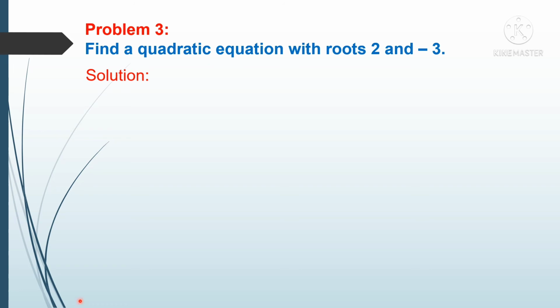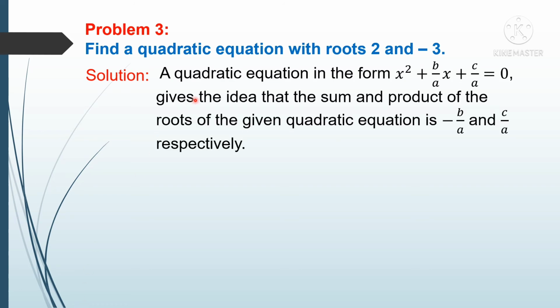So we have to remember that a quadratic equation in the form x squared plus b over a of x plus c over a equals 0 gives the idea that the sum and product of the roots of the given quadratic equation is negative b over a and c over a respectively. So in other words, all we have to do is to get the sum of these two given roots and the product of these two given roots.